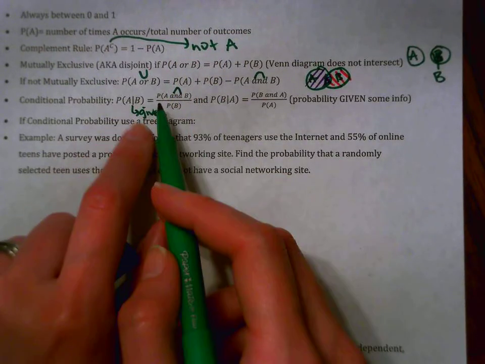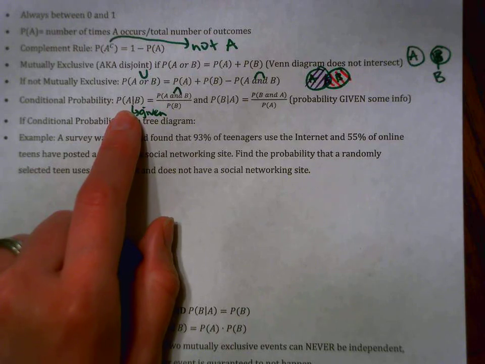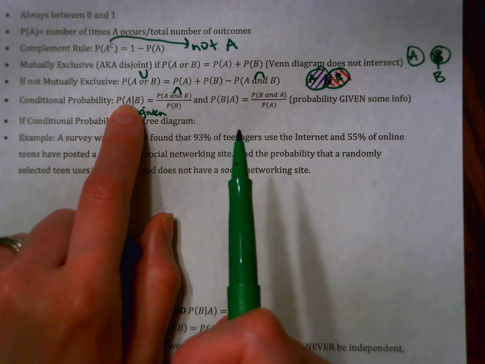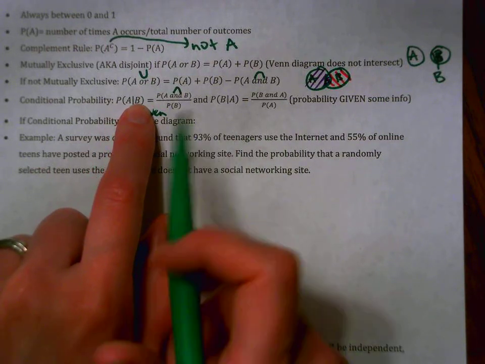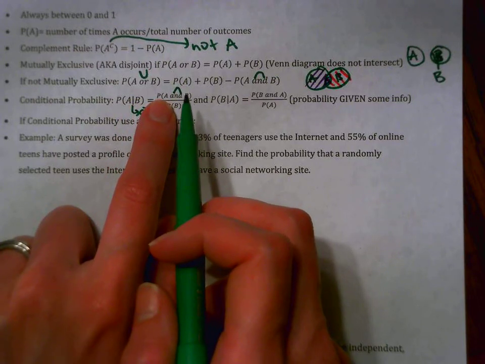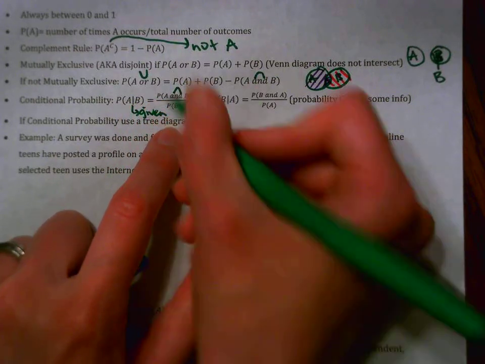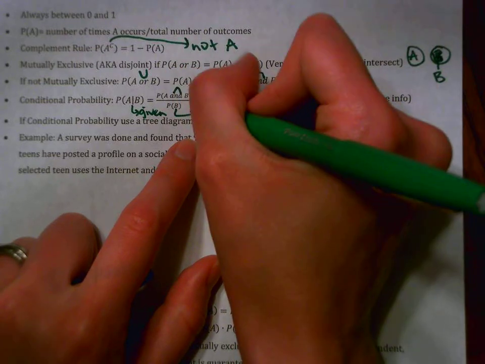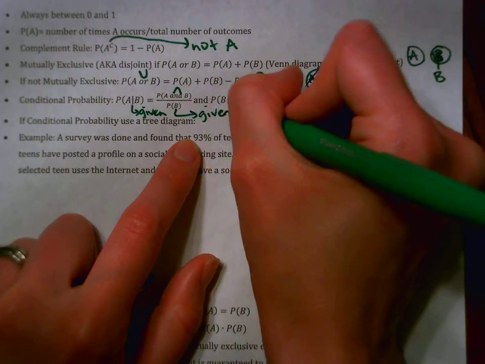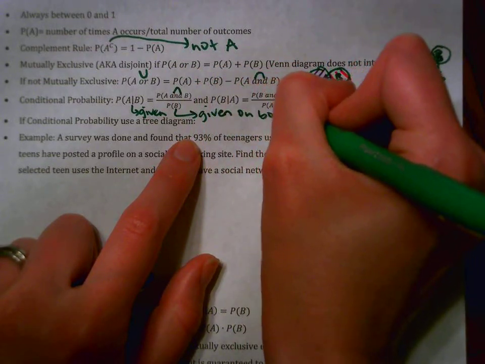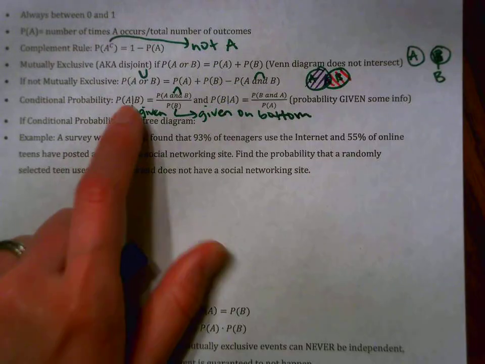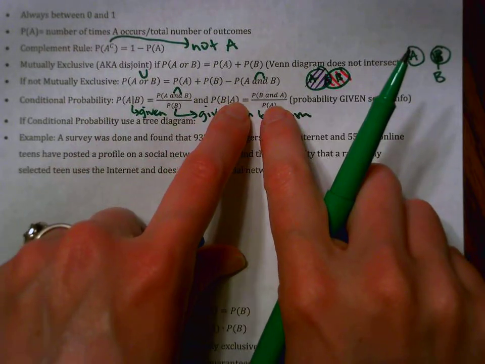So the way I read it is the probability of something given some information is the probability of both over the probability of the given. Given needs to be on bottom. So it doesn't matter A or B, it's that letter that was second that needs to be on the bottom.